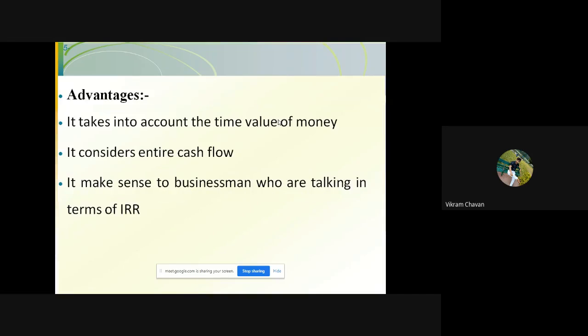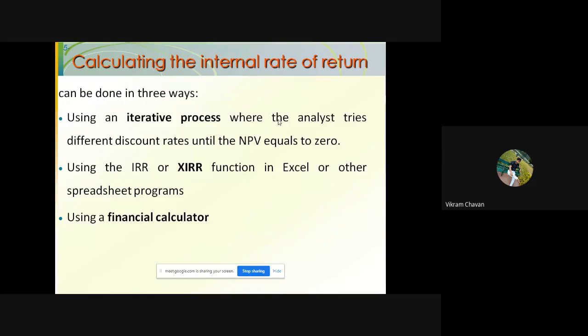We have seen the advantage of internal rate of return, as we use the same formula as for net present value, so it accounts for the time value of money and also considers the entire cash flow.